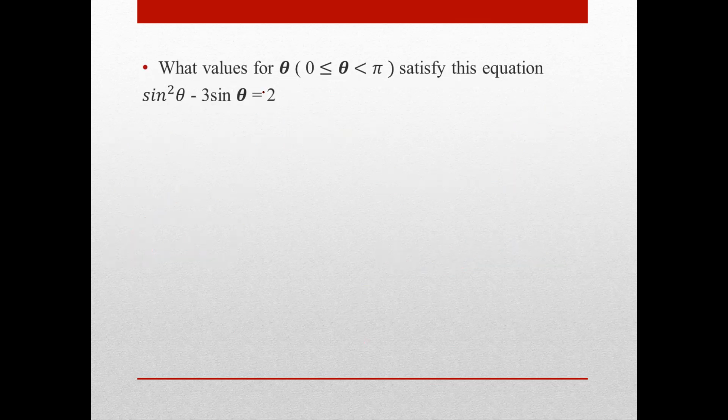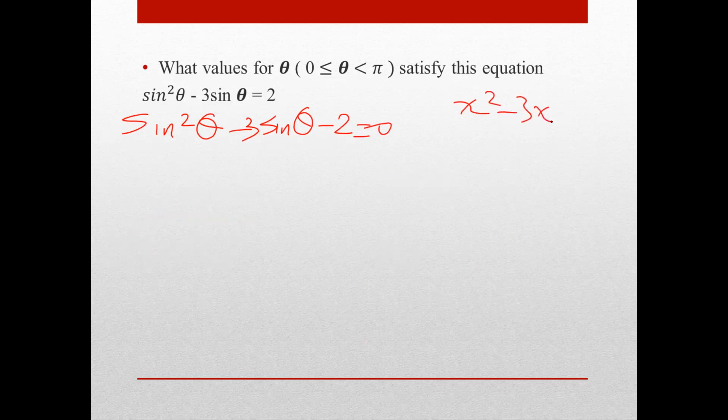But here the constant is not 0, so I must solve it like quadratic equations. It will be sine squared of theta minus 3 sine theta minus 2 equals 0, like x squared minus 3x minus 2 equals 0. How can we deal with that equation?